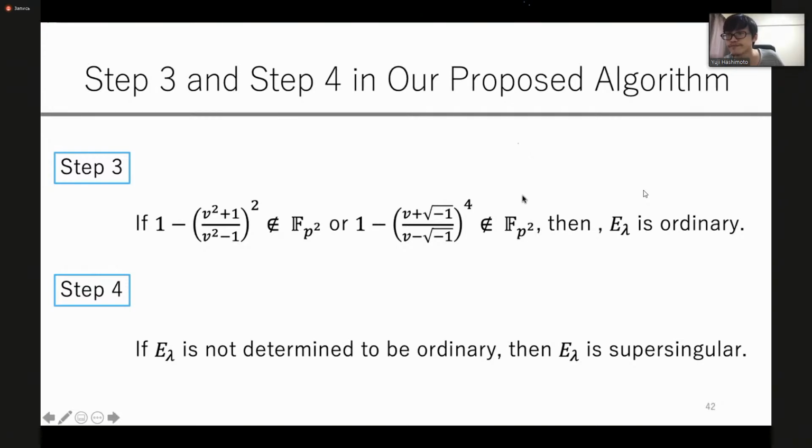Step 3, if 1 minus this here or 1 minus here not in Fp square, then E lambda is ordinary. Step 4, if E lambda is not determined to be ordinary, then E lambda is supersingular.